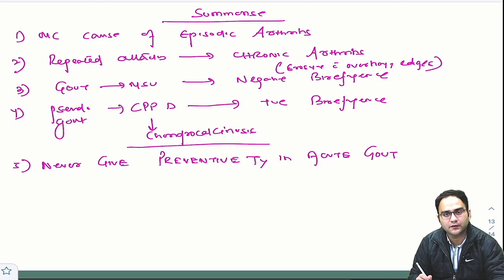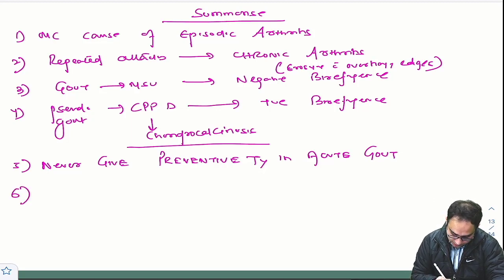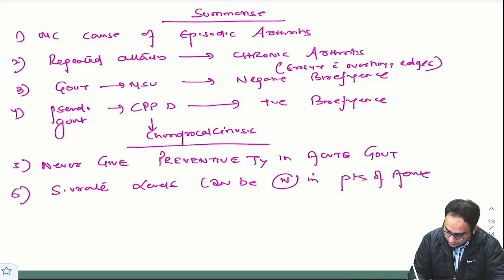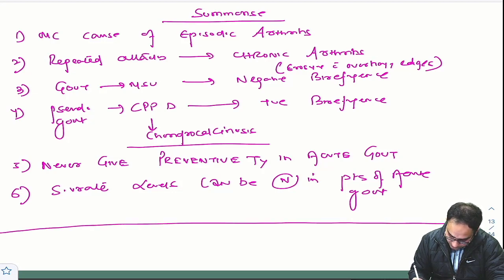And serum urate levels can be normal in patients of acute gout.